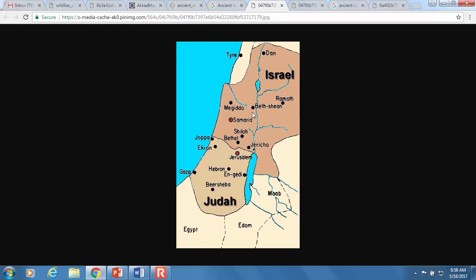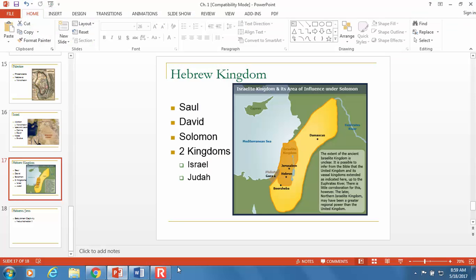Please don't tell me north and south, because I will tell you wrong. I need Israel and Judah. If you also want to add in 10 out of 12 here and 2 out of 12 here, that's fine, but I want the names. That is what I'm looking for foremost.